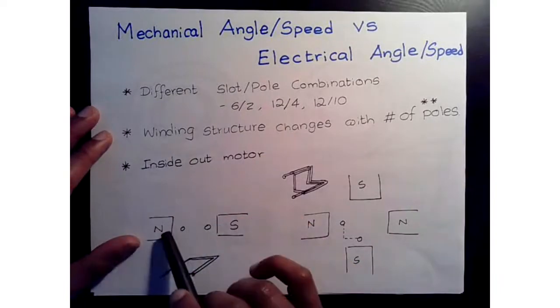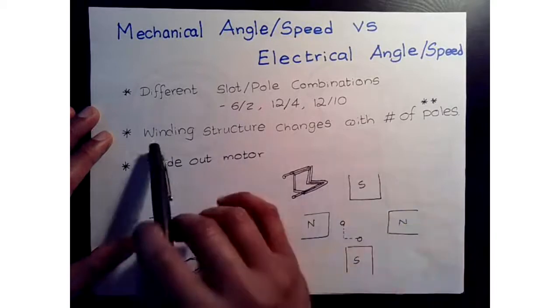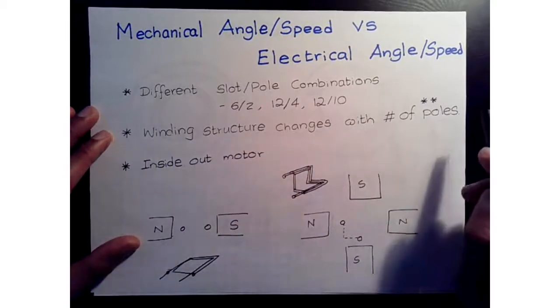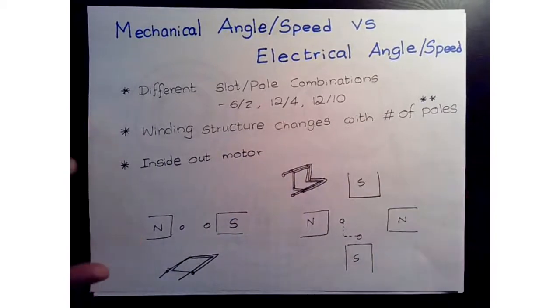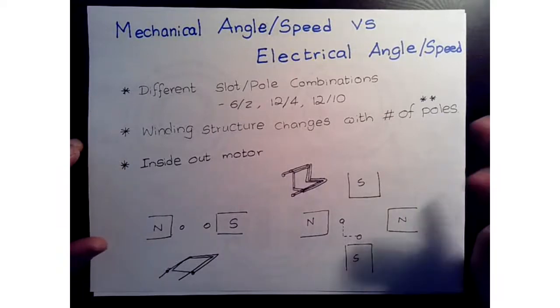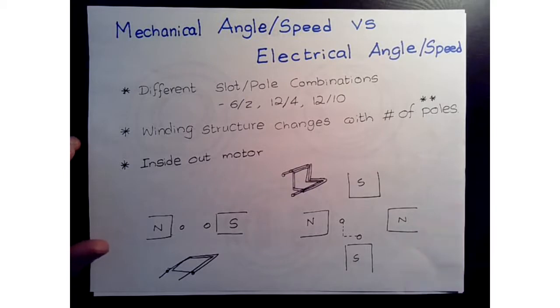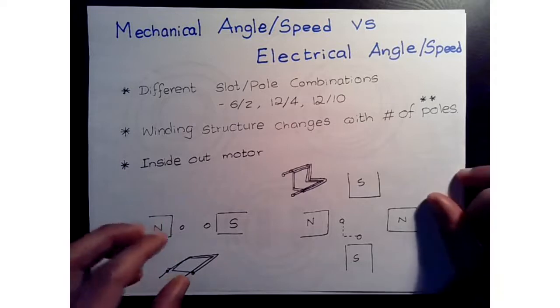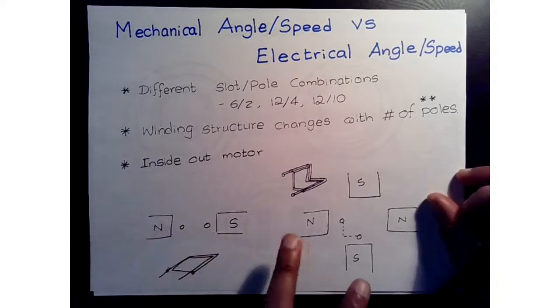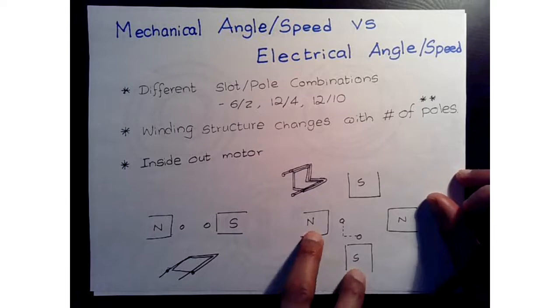Depending on how many poles you have on the rotor, you do need to adapt your winding structure based on the number of poles, because you cannot efficiently use the same set of windings on a single pole motor and a 4-pole motor.